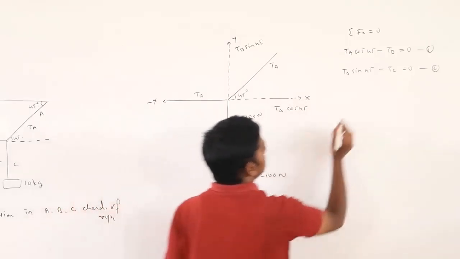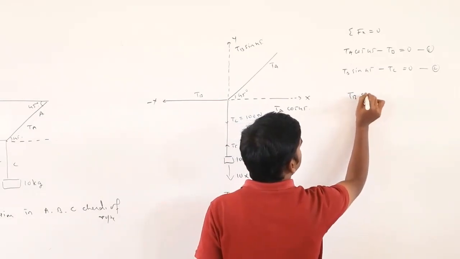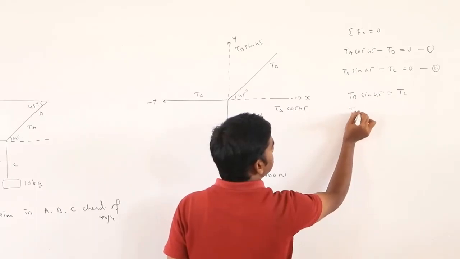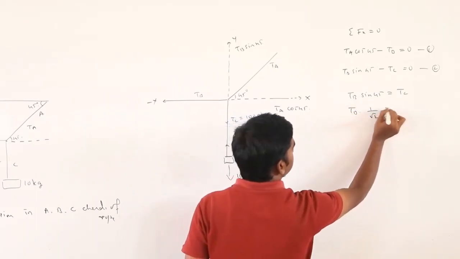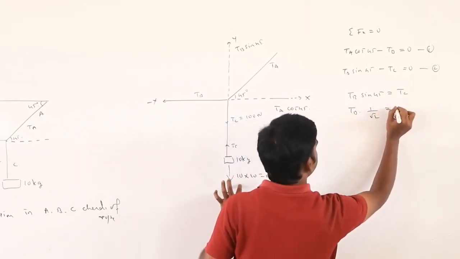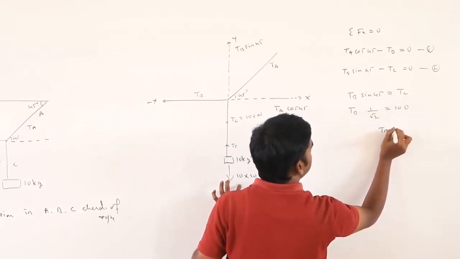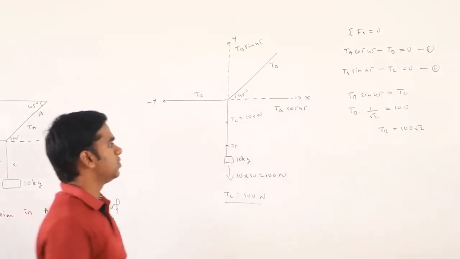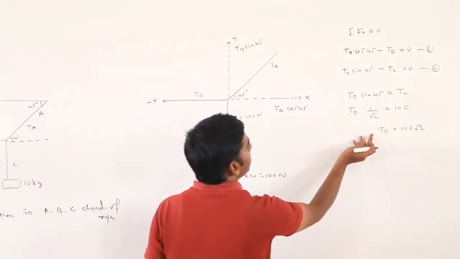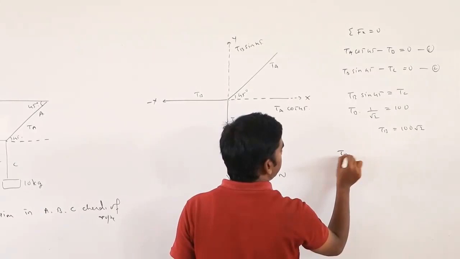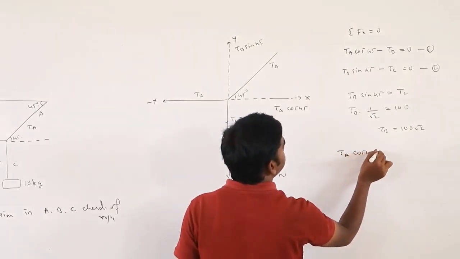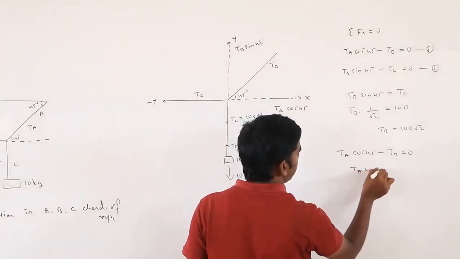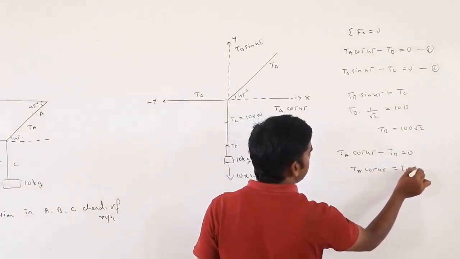So TB sin 45 equals TC. Sin 45 is 1 by root 2, and TC is 100. So TB equals 100 root 2. With this you can find TA. TA cos 45 minus TB equals 0. That means TA cos 45 equals TB.